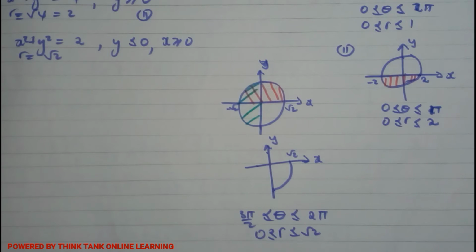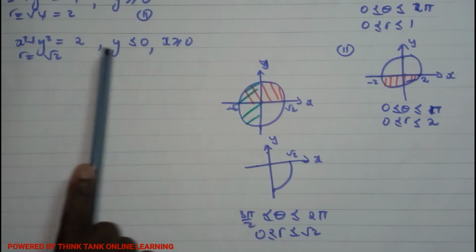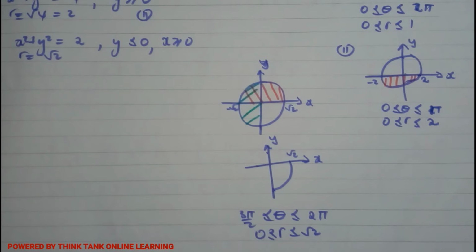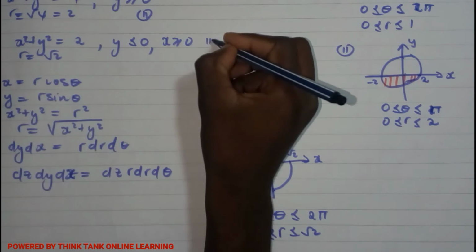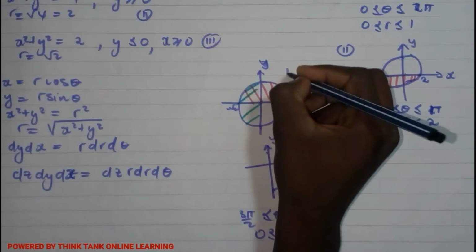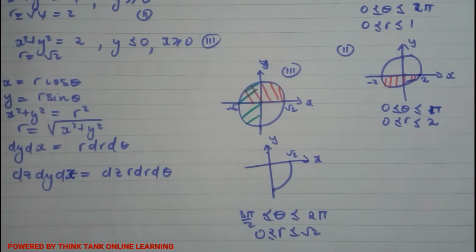So this is what you may see. Sometimes we may be given the bounds for y, the bounds for x, and the bounds for z. In some cases, you may be given 2 circles and want to calculate the region. Let's say you are given a region.